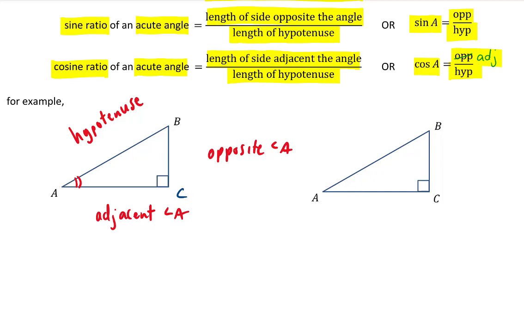Now when we label triangles, across angle A is what we call side a, and we give it a lowercase letter. Across angle C is little c, and across angle B is little b. So let's label the other one the same way. Now if we focus on angle B, the hypotenuse is still the same.